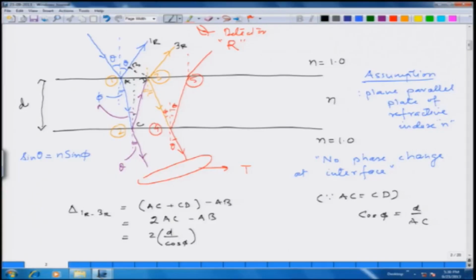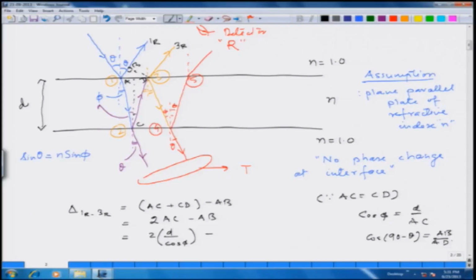What is going to be AB? Now, we can look at AB also. AB is perpendicular, because in order to look at the path difference, this is perpendicular onto ray 1 from this point. So, AB is going to be related to AD, and this angle is going to be 90 minus theta. So, cos of 90 minus theta, the incidence angle, is going to be equal to AB over AD.